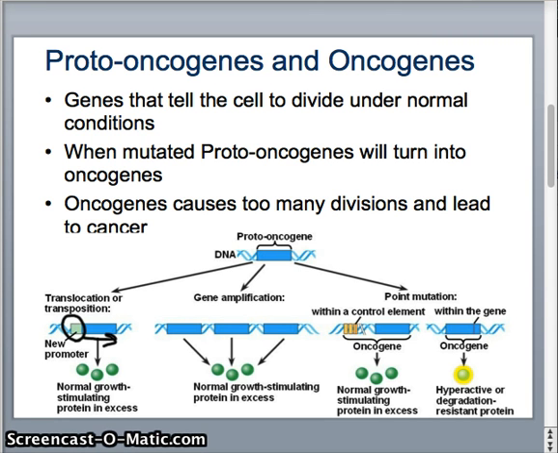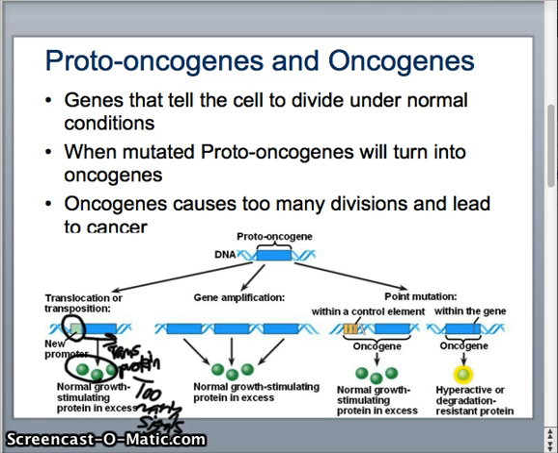So this causes this to be transcribed into mRNA and make the protein. Now there are too many proteins, so this causes too many signals, and the cell is going to divide uncontrollably.